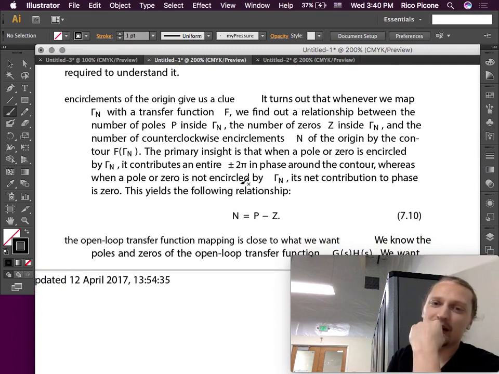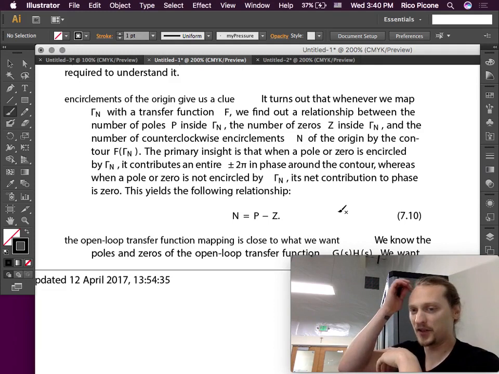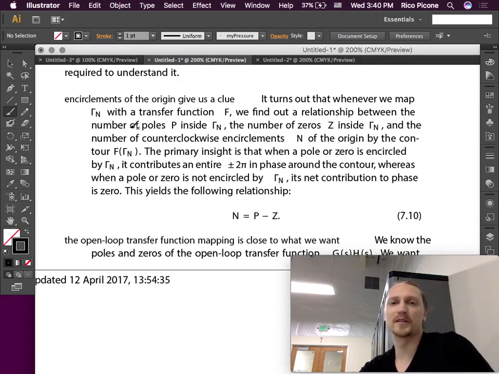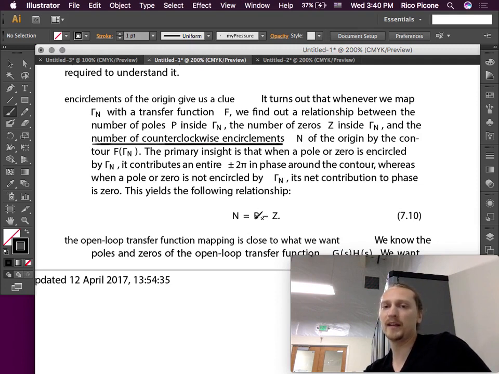Okay. So this yields the following relationship, which is a really simple equation: N, the number of counterclockwise encirclements of the origin, equals P minus Z, where P is the number of poles inside the original contour, and Z is the number of zeros inside the contour.